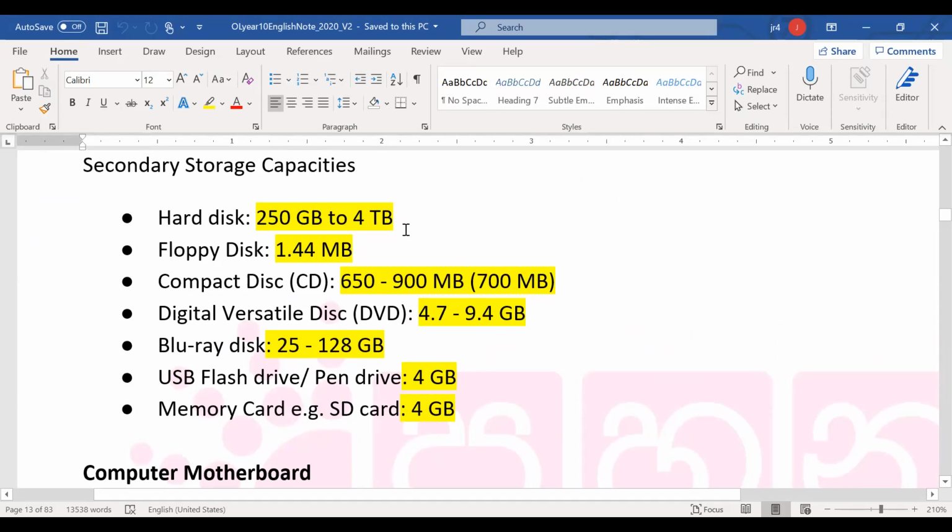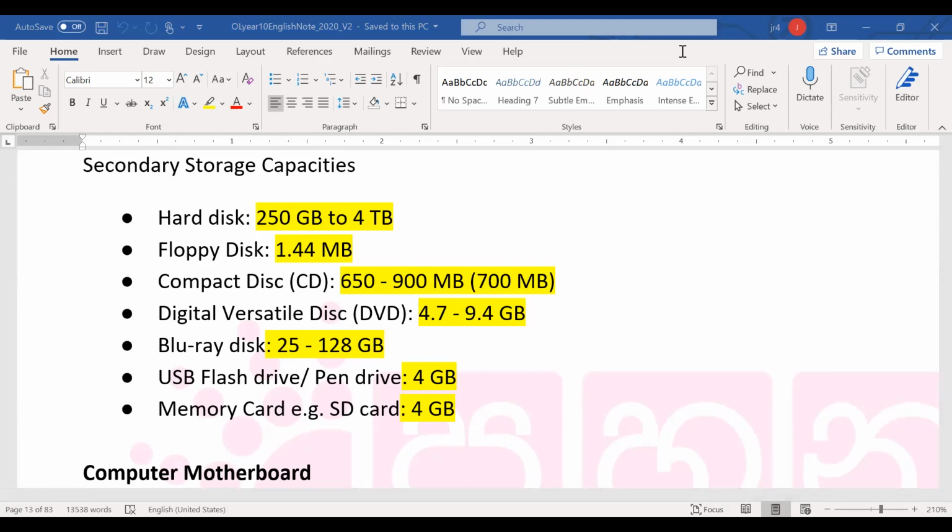Now, if you take a hard disk, you can go from 256 gigabytes to now 4 terabytes, and then usually you have one. Then we have the floppy disk. Before the hard disk came into the picture, what people used is what we call the floppy disk.